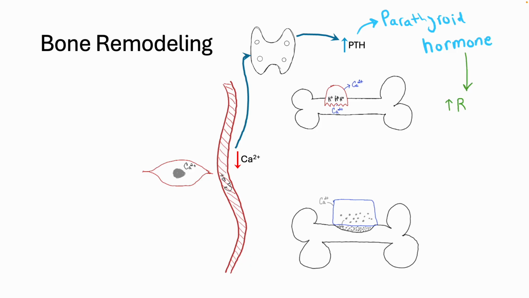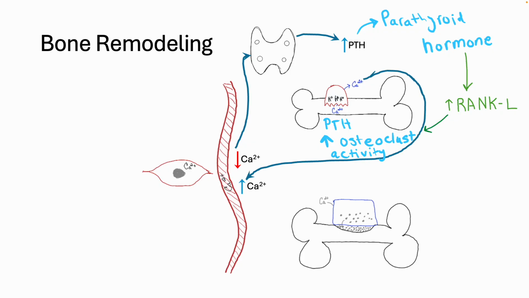This then is going to increase the RANKL activity that stimulates the formation and activity of the osteoclast. So this is increasing the osteoclast activity. And then you have calcium going back into the blood, raising the levels.